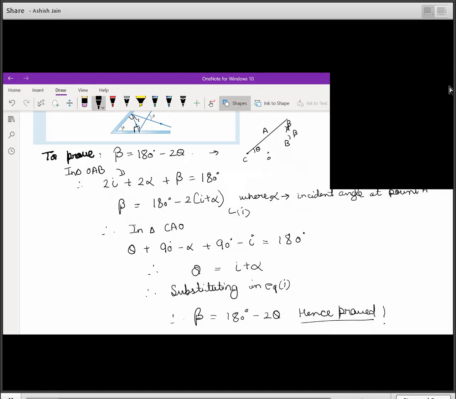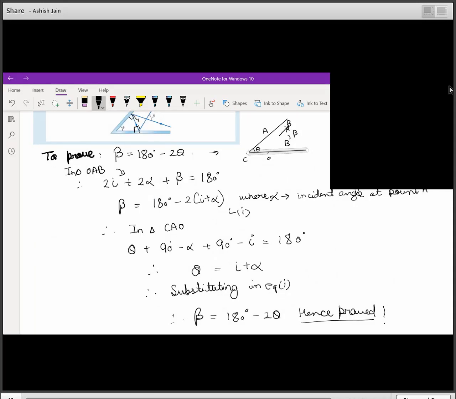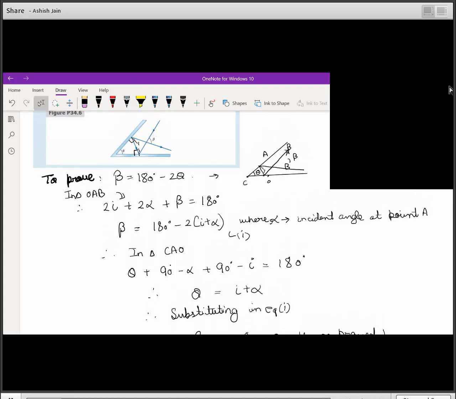I'll draw the right one just to clear any confusion you have. Now you can see, this is 90 minus i, and this is 90 minus alpha.